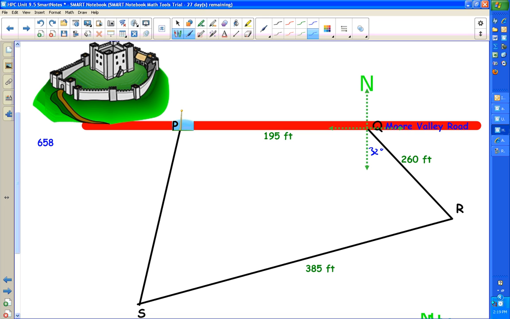Now you can see my picture is not drawn to scale, because if 195 feet is from here to here, 260 should be down further. So my picture is not a great picture. But again, it's really the direction that's most important, at least for the most part.